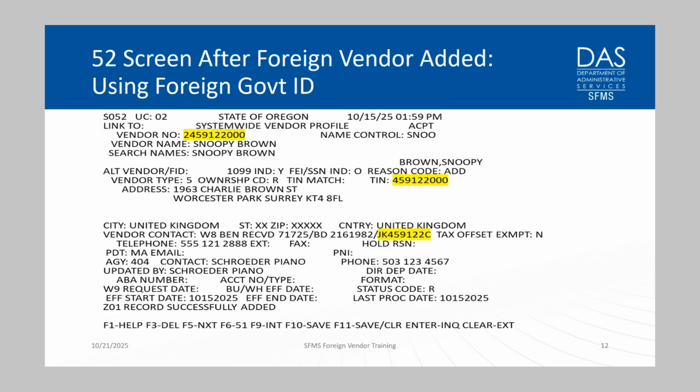So we don't want alpha characters in this vendor number, nor do we want it in the TIN number. You'll notice that it was then put as 4599122, and then we filled it out with zeros because you want to maintain the no alpha, all numeric number.